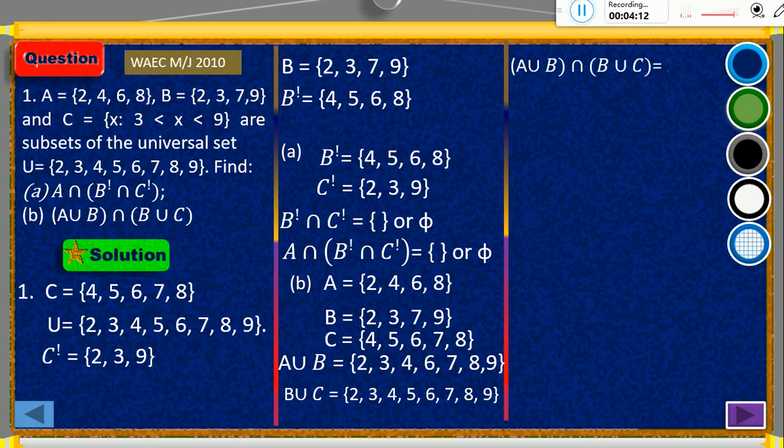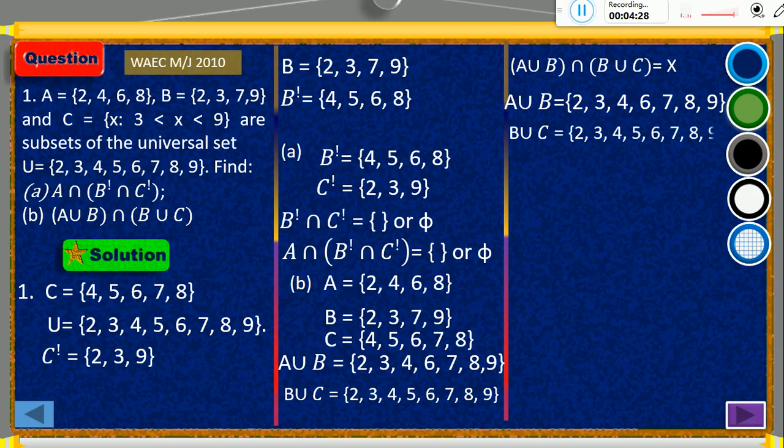So the intersection of A union B and B union C is represented by X. But we know that A union B is given by this, as we have found already. B union C is given by this. Then we are now going to find the intersection, the elements that are common to the two.